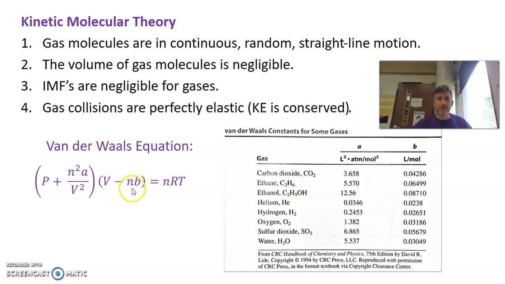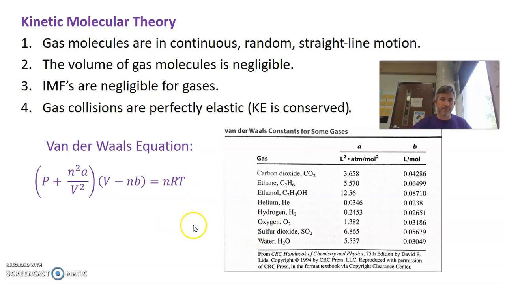And then we also have to think about the volume of the particles themselves. If we compare a real gas to an ideal gas in a container, we say the volume of the container is the volume of the gas, but in reality, we would have to subtract all the tiny little volumes of the gas particles to be completely accurate.